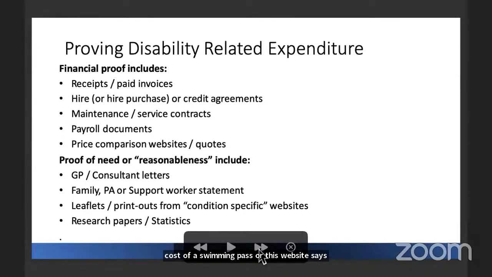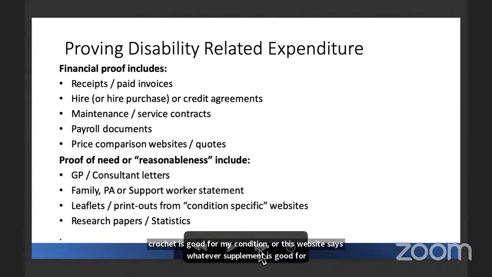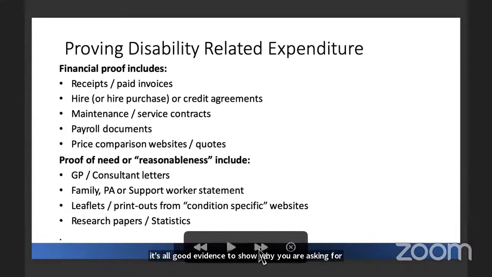So that's useful. And the same with research papers and statistics. It's all good evidence to show why you're asking for that type of disability related expenditure.